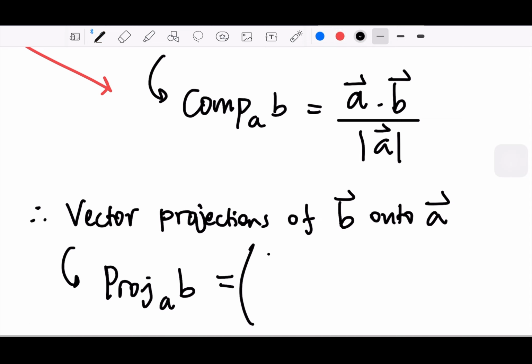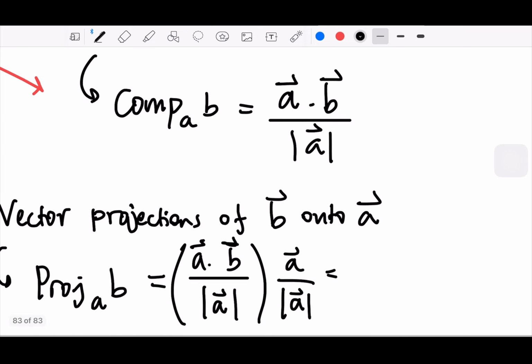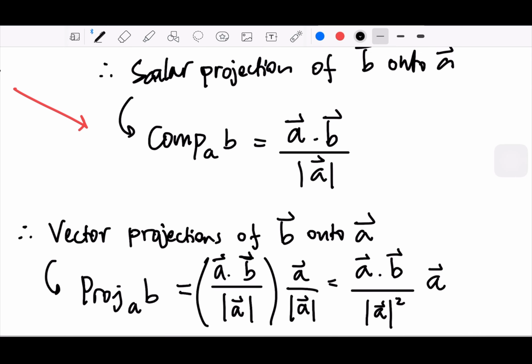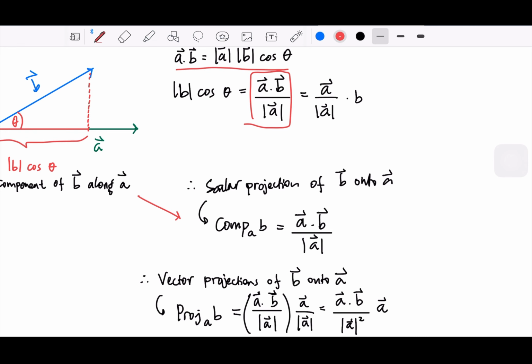So we can write A dot B over, because magnitude is a scalar, so we can take the square, the magnitude of A squared, times A. So this is the scalar projection. This is the vector projection.